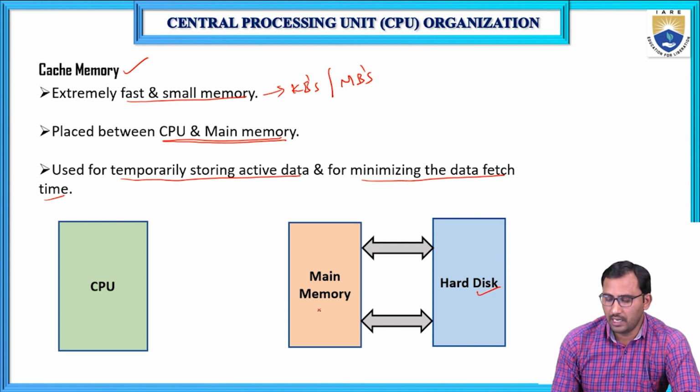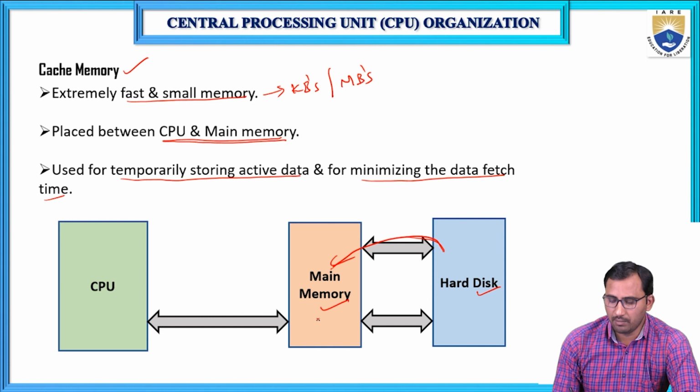So this is the main memory. The contents of the programs or software loaded in the hard disk will be loaded into the main memory. From the main memory the CPU will access.